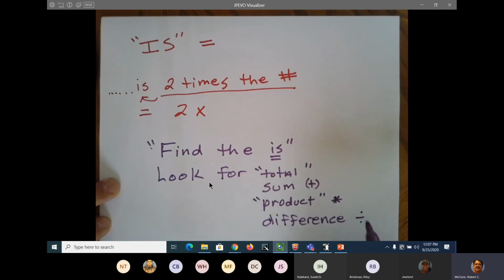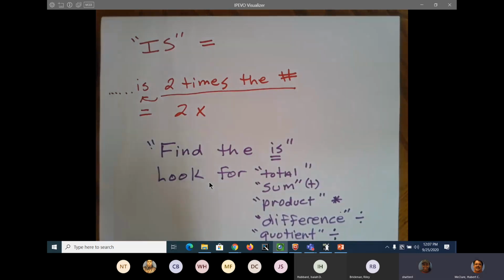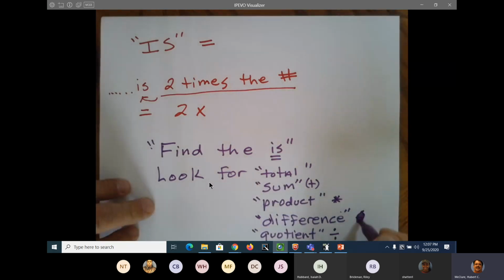Subtraction. And of course, quotient means division. Quotient is different. Oh, I'm sorry. That's not right. Difference is subtraction. There we go.